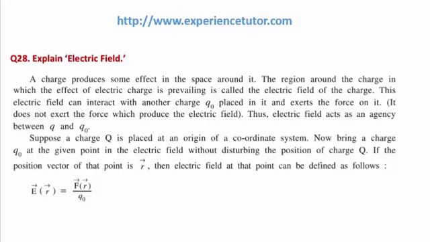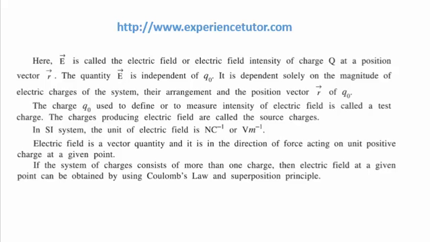E vector r is equal to F vector r upon Q naught. Here E is called the electric field or electric field intensity of charge Q at position vector r.